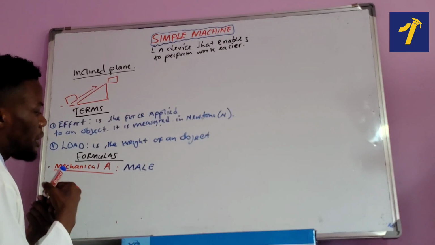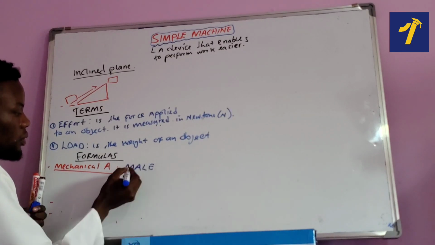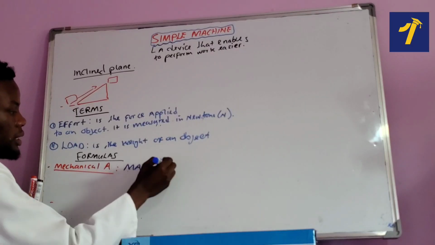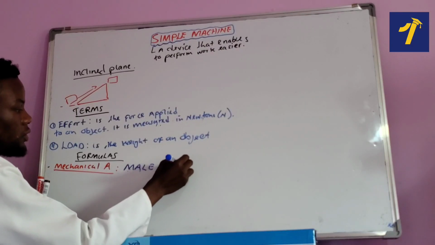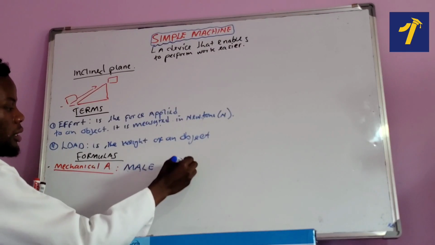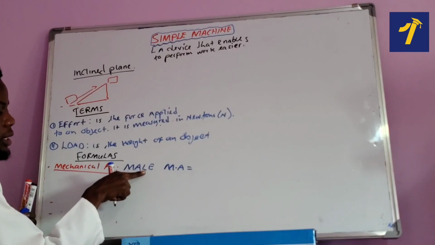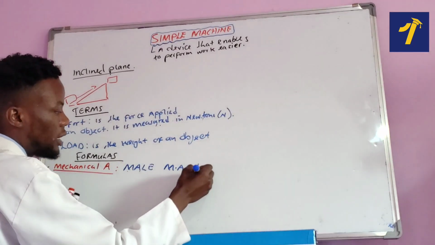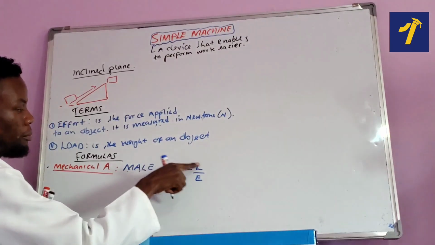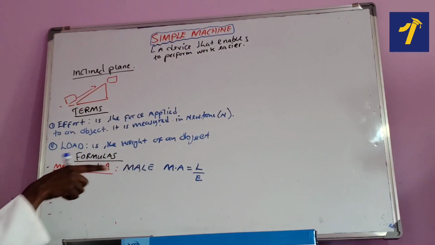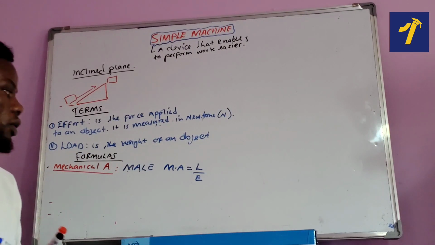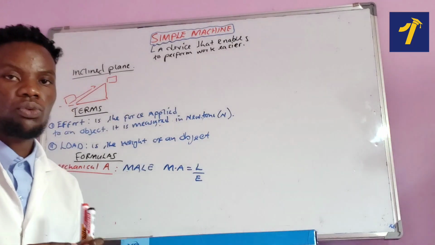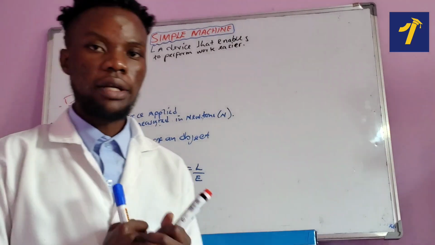As you can see, MALE, so MA, which is mechanical advantage, equals L, which is load, over E, which is effort. So mechanical advantage is equal to load over effort.